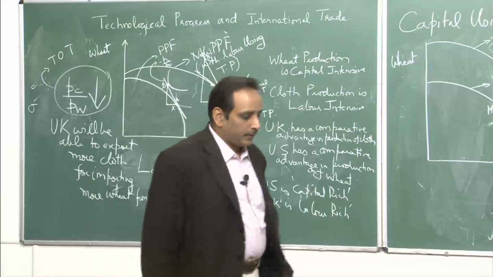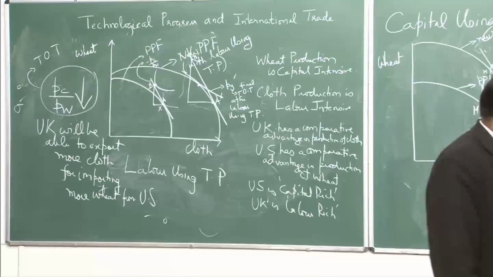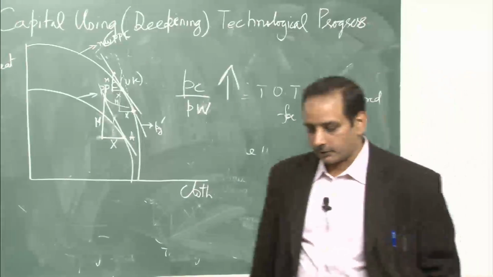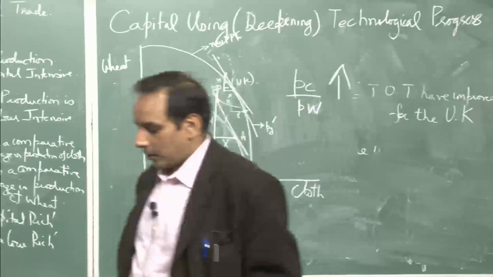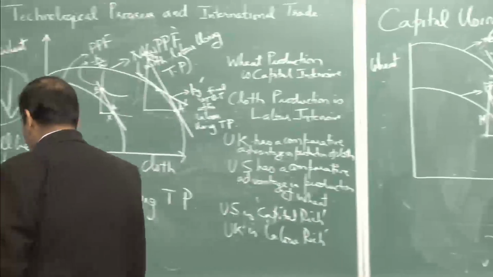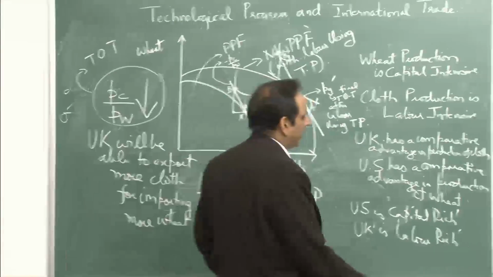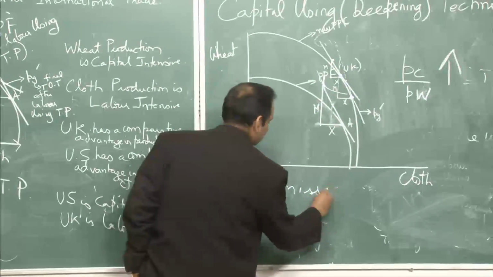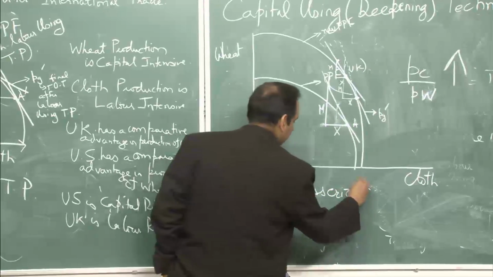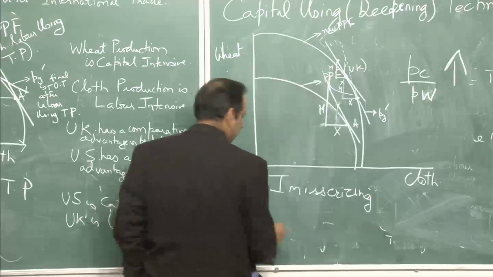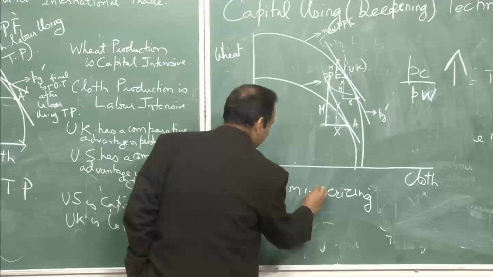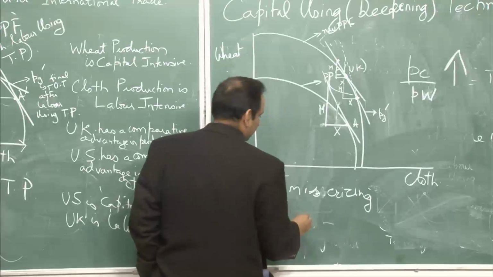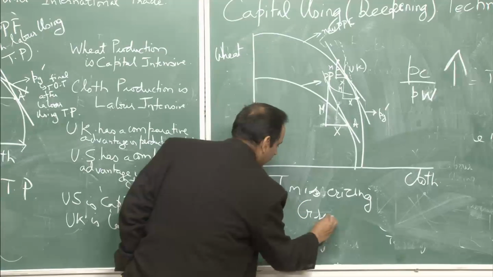So, there is a very famous theory proposed by Professor Jagdish Bhagwati about the immiserizing growth.